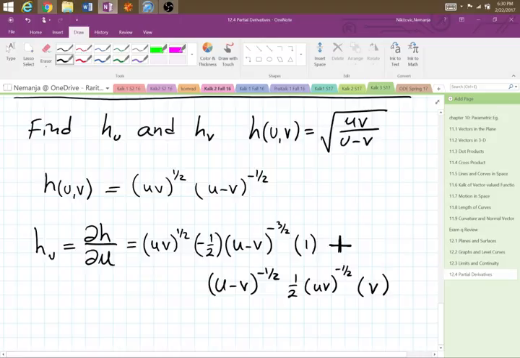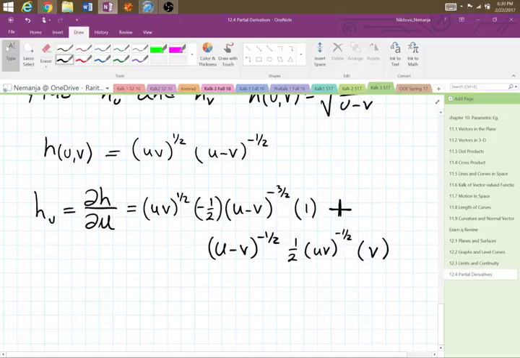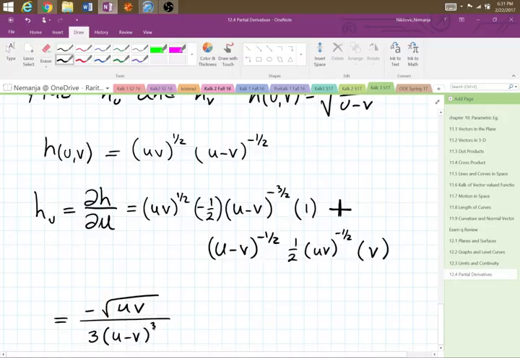This is wonderful. Now we just need to put this in one statement. So to simplify this, I will put negative square root of uv divided by 2 (u minus v) to the 3/2, right, because it had a negative exponent, plus another division line.